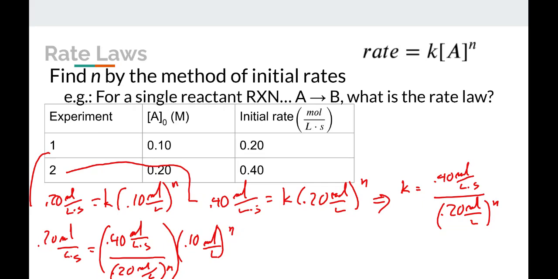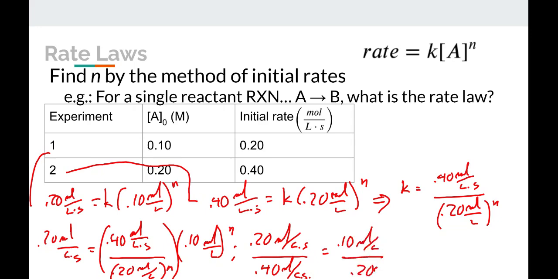Now I'm just going to rearrange a little bit. 0.20 moles per liter second divided by 0.40 moles per liter second. So I divided both sides by 0.40 moles per liter second equals 0.10 moles per liter divided by 0.20 moles per liter, and both of those were raised to the n power.